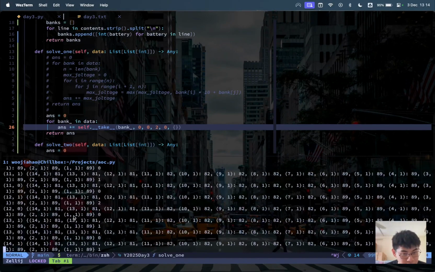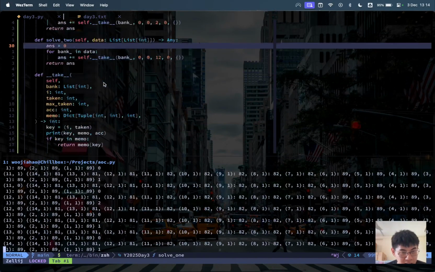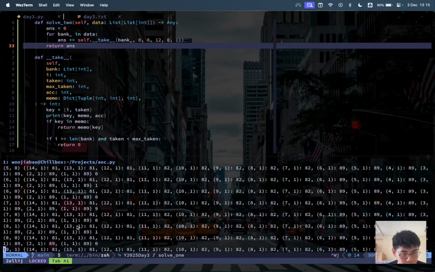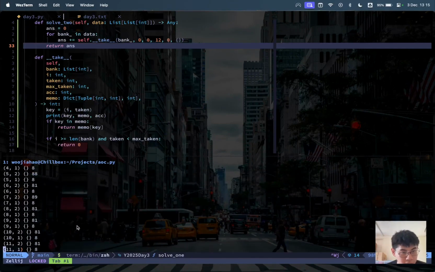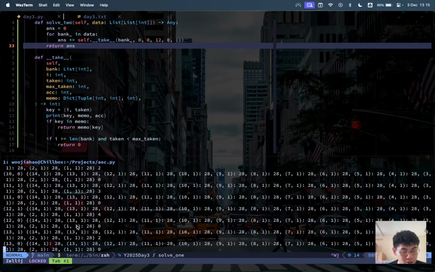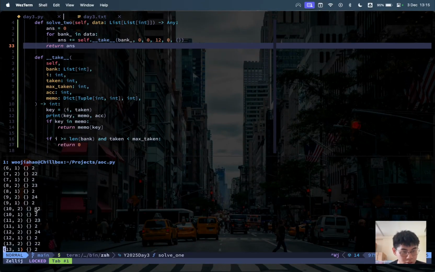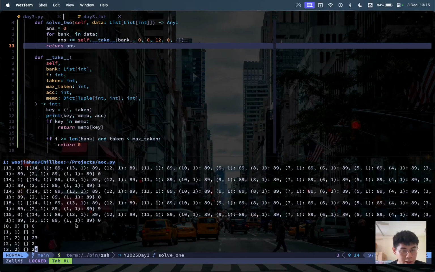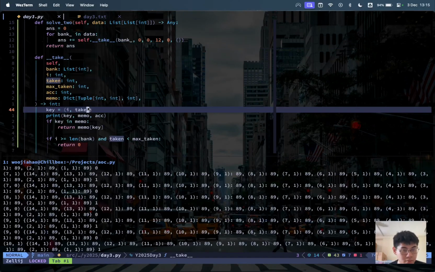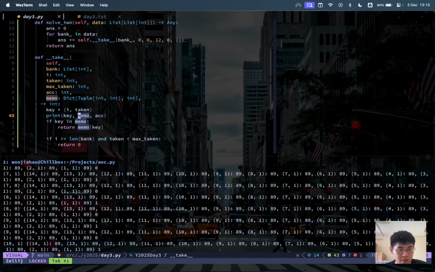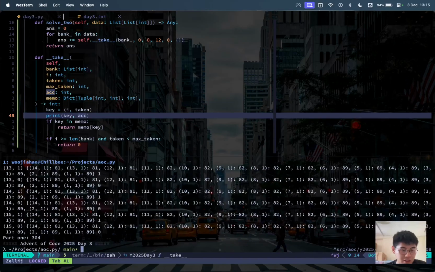But yeah, so you can see here that every time we enter the loop, we do produce numbers like 22. We don't really need the memo, so I just want to see the key and the accumulator.